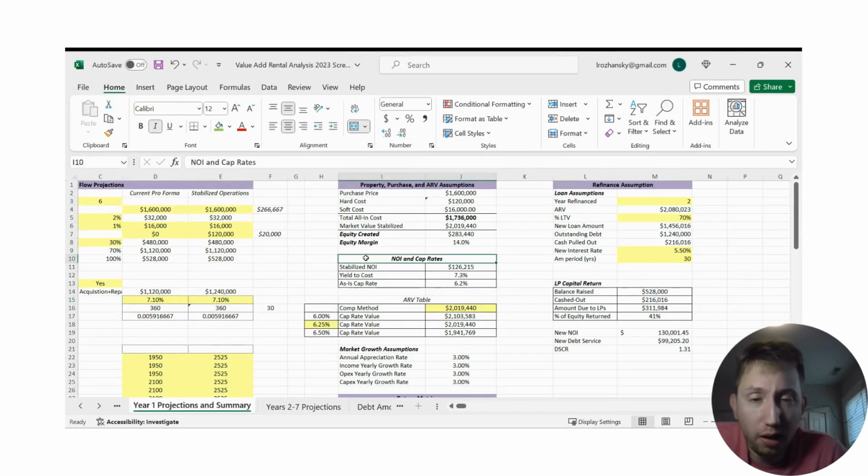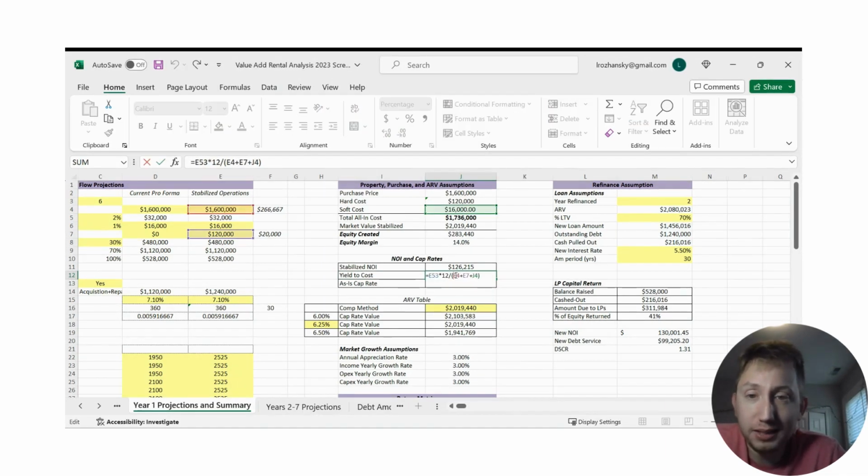Now, I did a quick NOI and cap rate table, just as a summary, so you can see what our stabilized net operating income is and get a feel for it. Now we have our as-is cap rate, so we know our going-in cap rate, which is based on today's financials. And then we have a yield-to-cost metric, which is a nice metric.